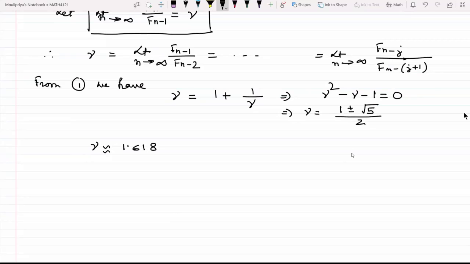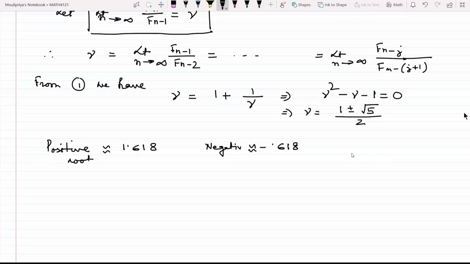And the other would be the negative value, minus 0.618. This is the positive root and this is the negative root.